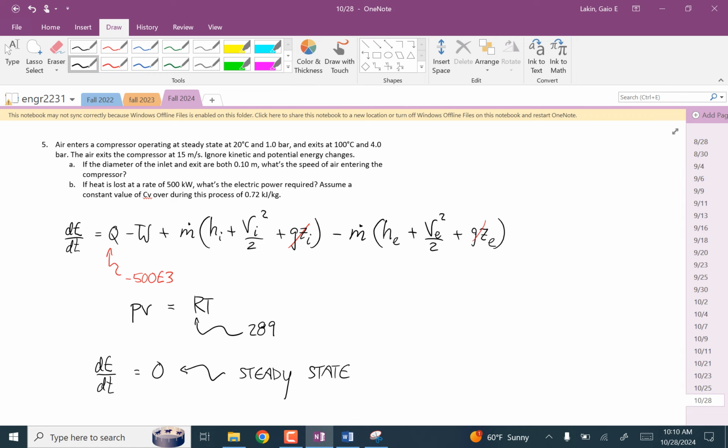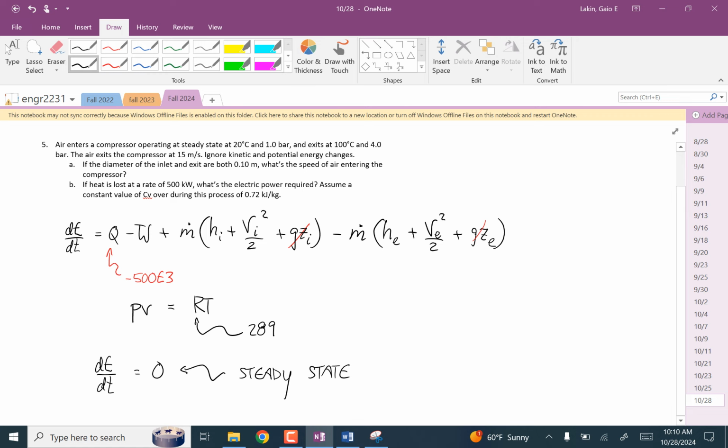I used it to find delta U, and then I found specific enthalpy using H equal to U plus PV, or specific volume. But you used it from the inlet to the exit to find a change in internal energy, right?